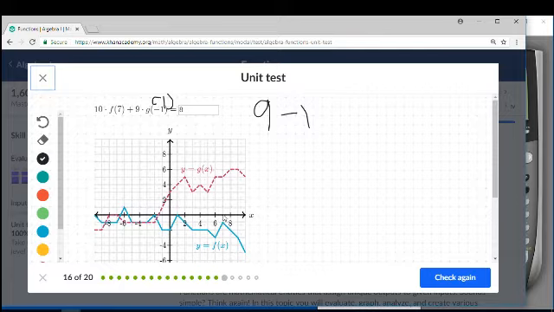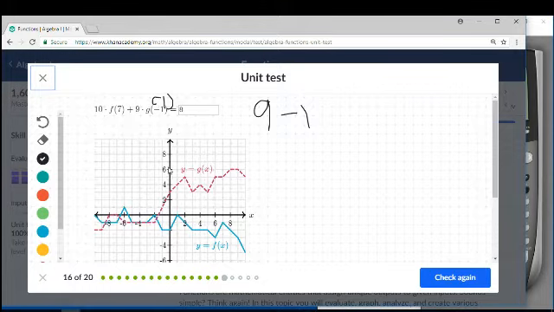When x is 7, f of x is negative 1, and g of negative 1 is 1. So that'd be 9 plus f of 7, negative 1, which should be 8.